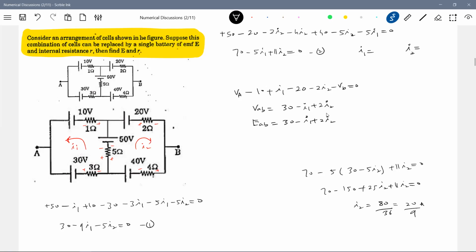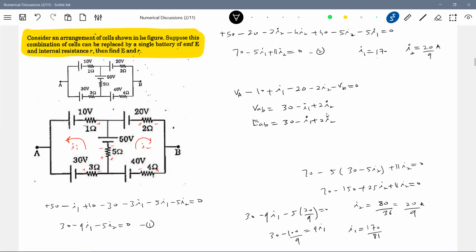After getting the value of I2, then we'll get the value of I1. I2 I got positive, so 20 by 9 ampere. What about I1? We'll substitute that value there. So here it will be 30 minus 9I1 minus 5 into 20 by 9. 30 minus 100 by 9 equal to 9I1. 270 minus 100 by 81.